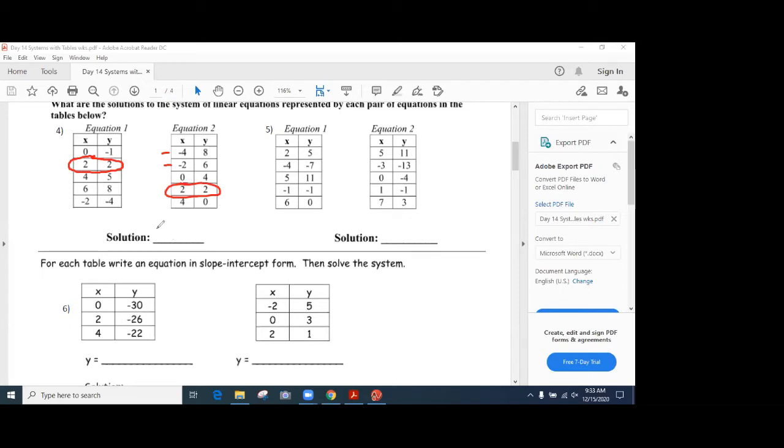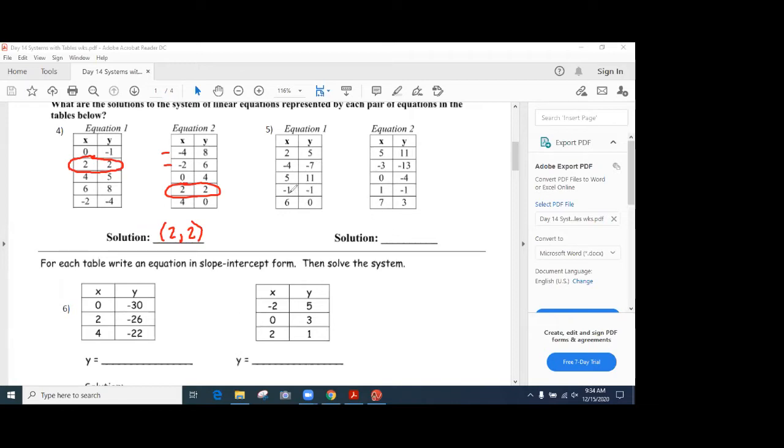I wish this is what it was like on the test, because this isn't bad at all, but this isn't what it'll look like on the test. All right. So this one right here, do we have 2 points that match? Oh, you got one that's kind of tricky.